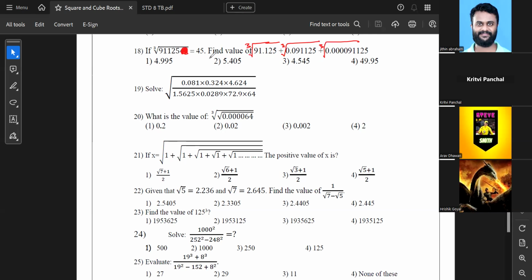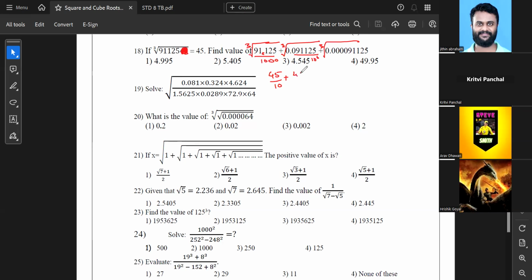So again, you know how to solve this. If this particular cube root is 45, then 91.125 में decimal को 3 बार लेके जाएंगे तो denominator में 1000 आ जाएगा. So when you remove this decimal, you'll have 1000 as a denominator. That gives you, let's say, 45 upon 10 for the first number, and for the second one 1 2 3 4 5 6, which means the denominator has 10 raised to 6.